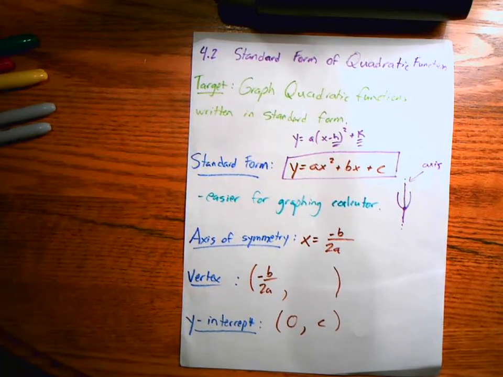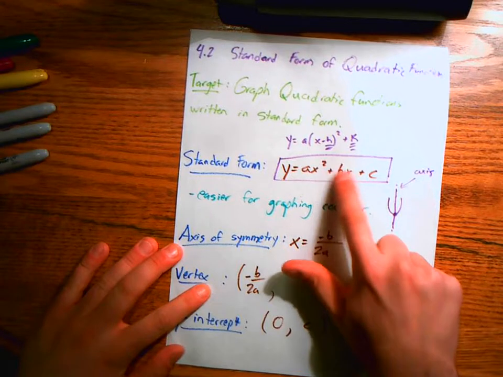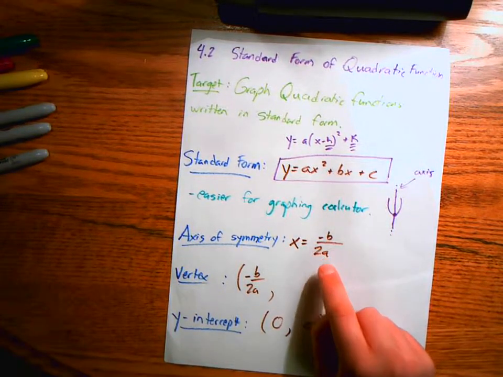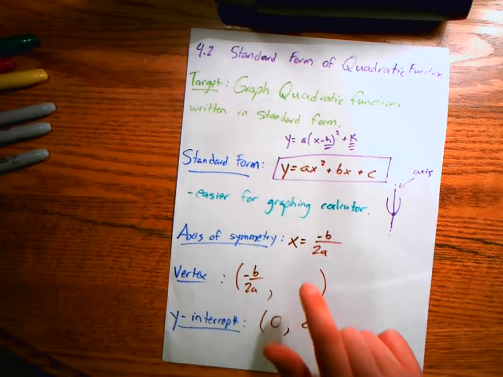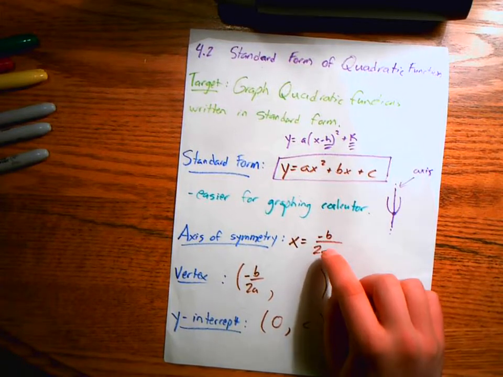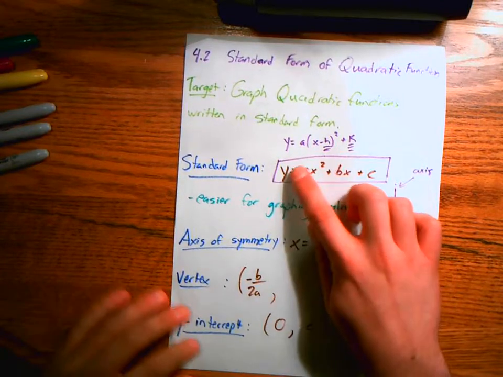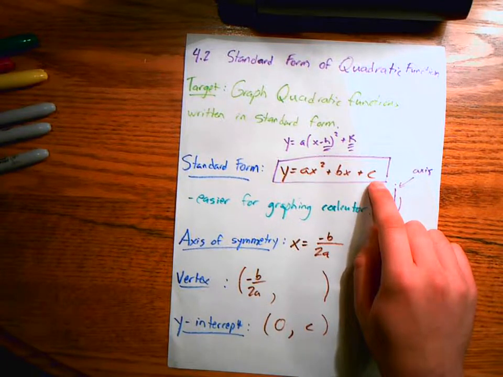The axis of symmetry within standard form can be found by taking the negative value of your b, whatever this number is right here, and dividing it by 2 times a. Every axis of symmetry is going to have an x equals, so you always have to write x equals and whatever number that is. Sometimes it'll be a negative number, sometimes it'll be positive. It all depends on what this b and a value represents.